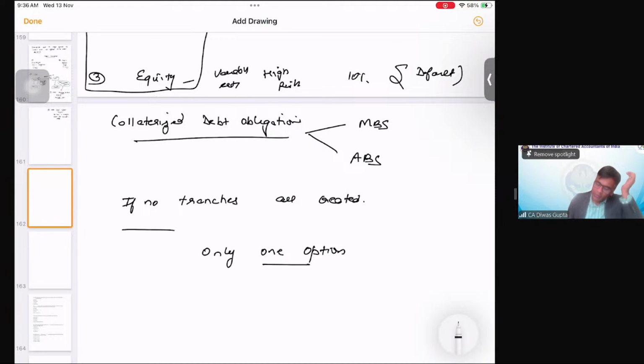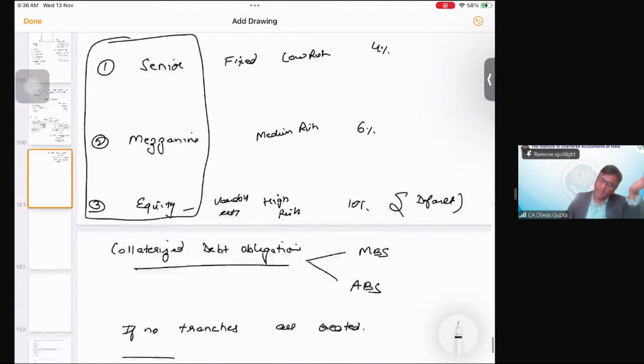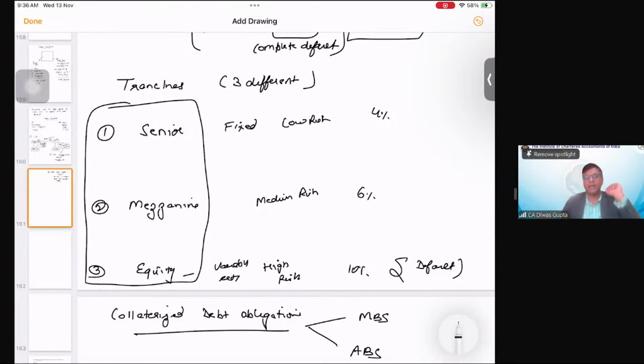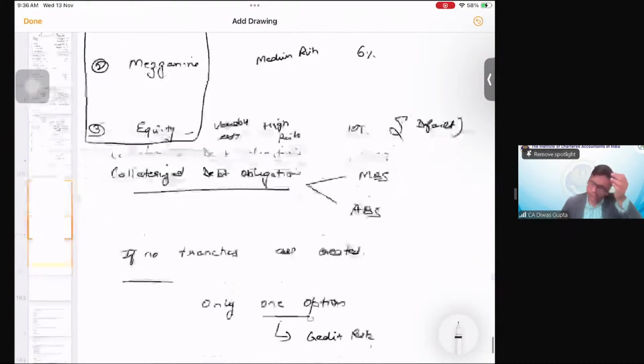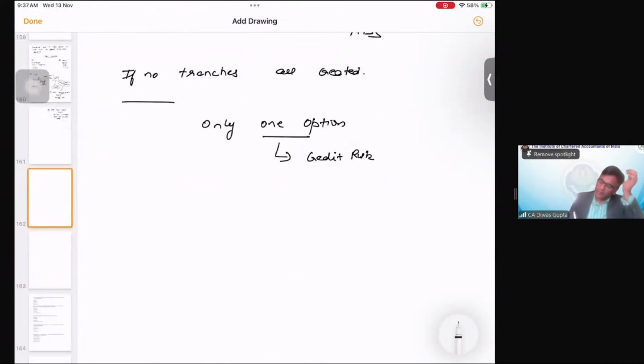But in that one type of option, credit risk will be there, right? We will not be able to eliminate the credit risk. Through the above process, at least we are able to eliminate the credit risk, from the SPV point of view and from the originator point of view. Okay, clear? Then let's come to types of CDOs.